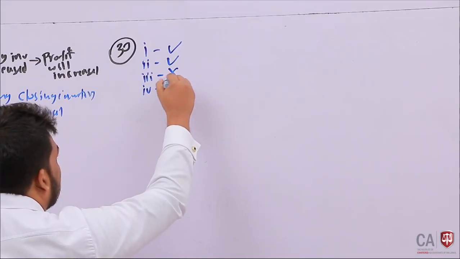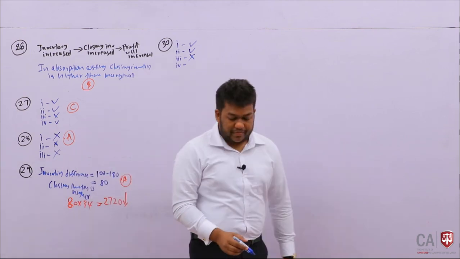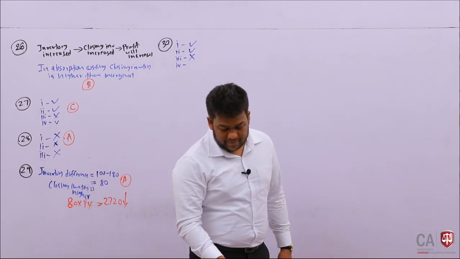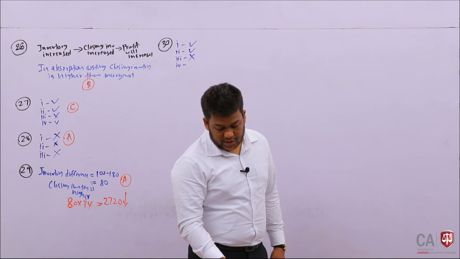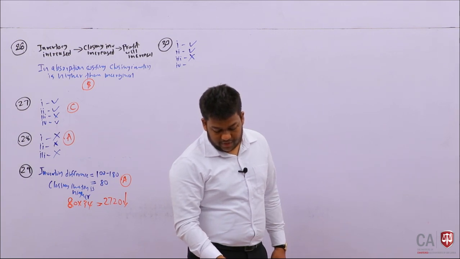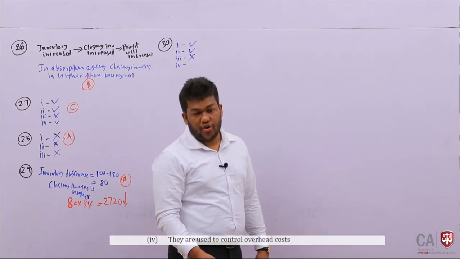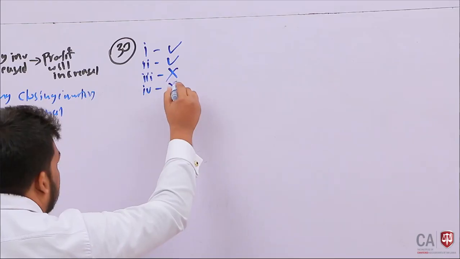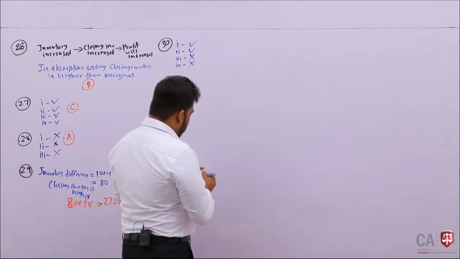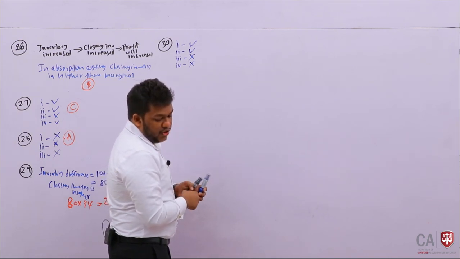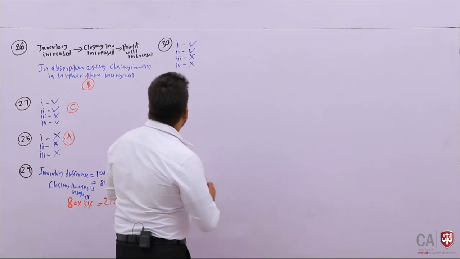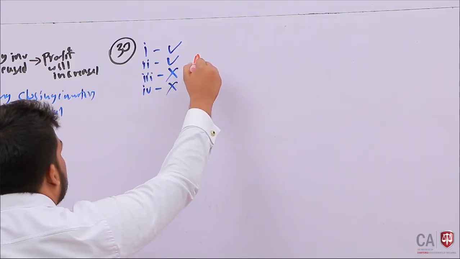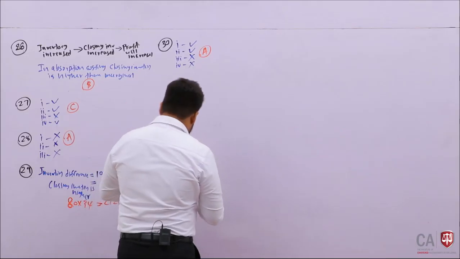So this is incorrect. The fourth one, they are used to control overheads. Is it used to control? No. Control you can maybe tell as standard costing, but not this. So the correct answer is 1 and 2 only. The answer will be A.